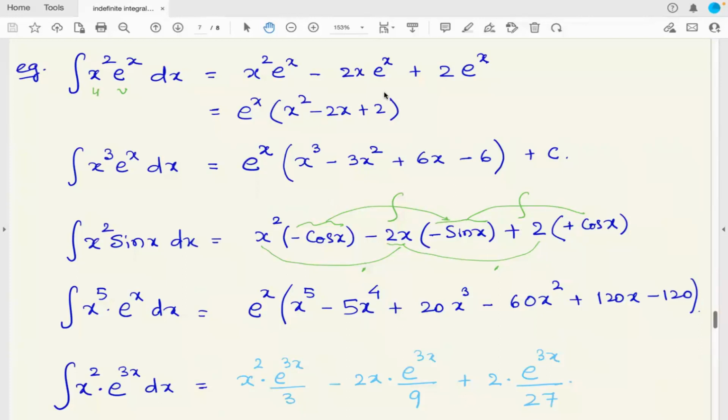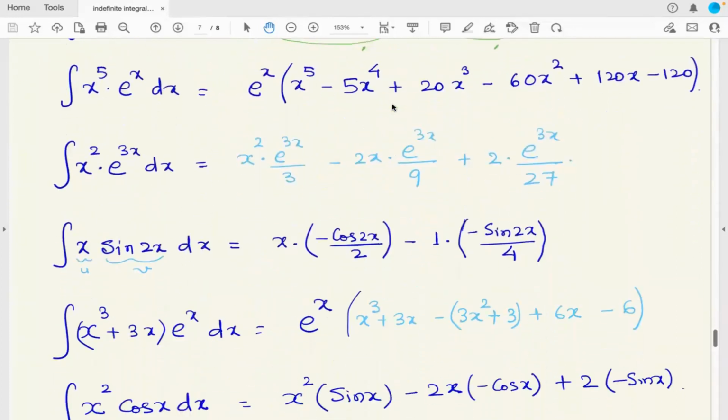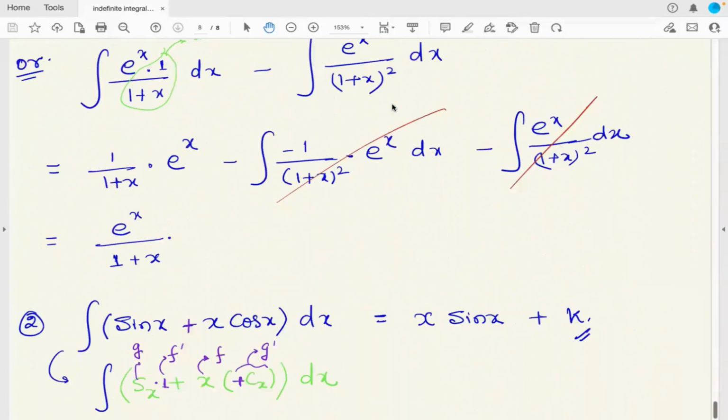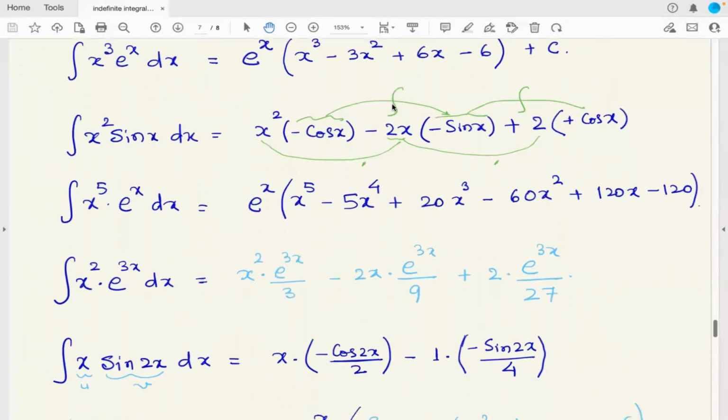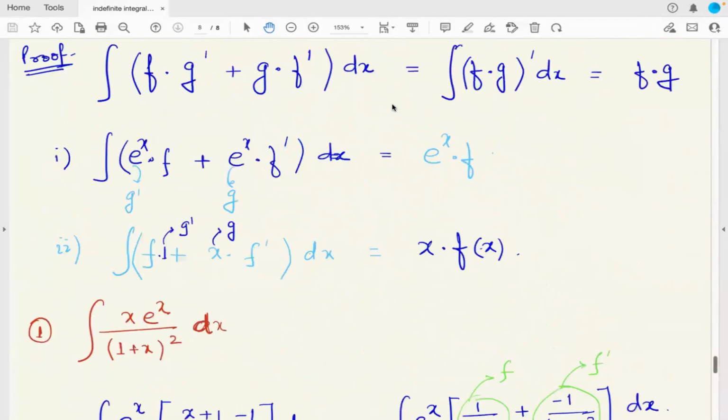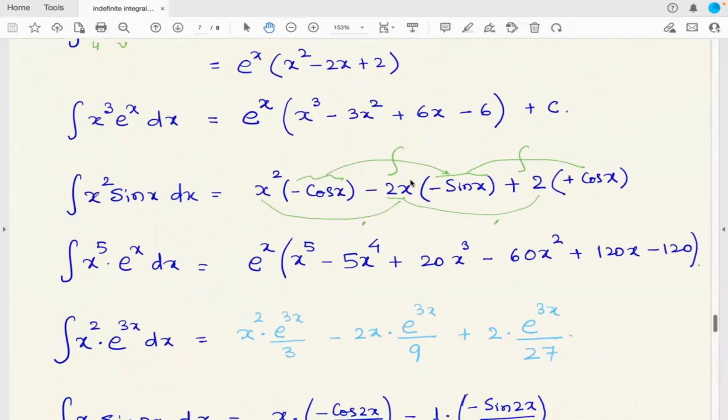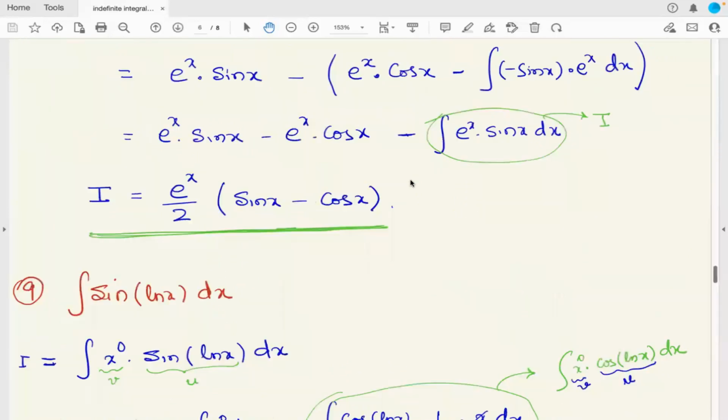So now let's move on to the next theory portion, which is actually more important here, and we have to read special integrands.